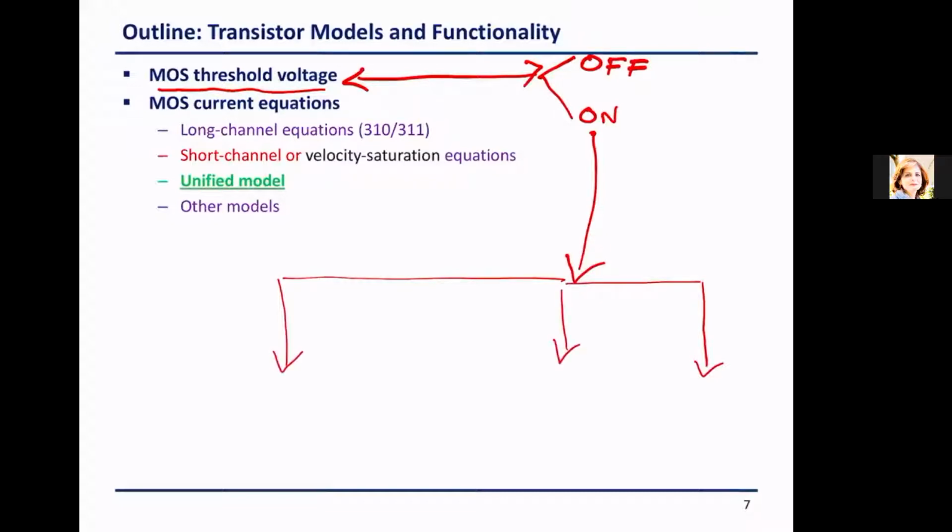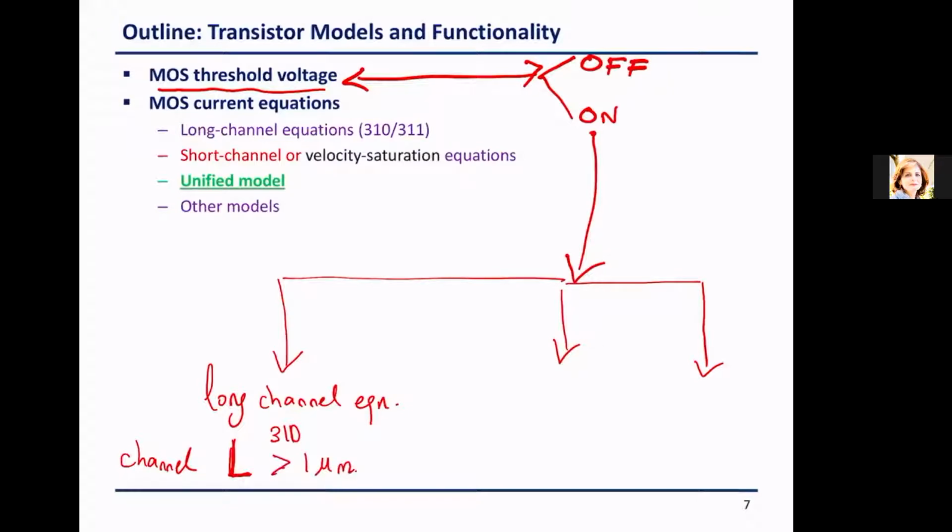Okay, the first model is the long channel equation, which is the model that we studied in 310. And this really is when the design of the transistor, the L, which is the distance between the drain and the source, or the channel length, is greater than 1 micrometer.